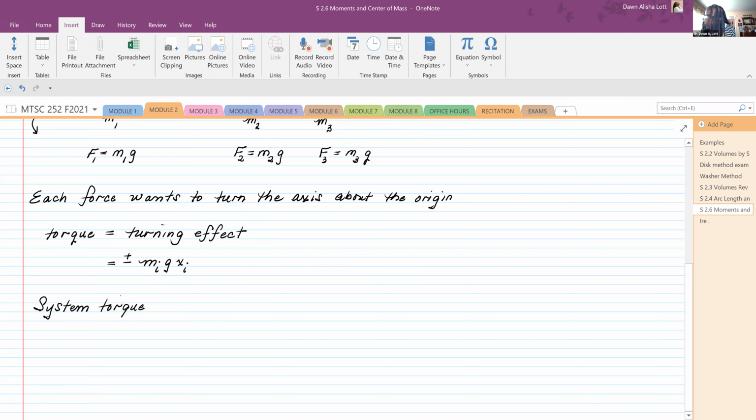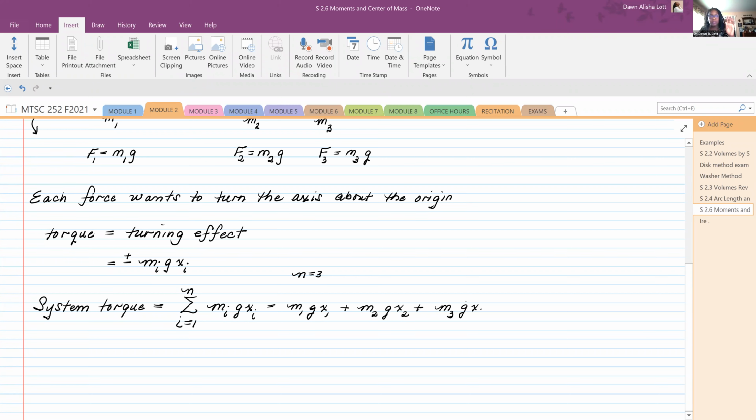All right, so if I sum them all up, that is the sum from i equals 1 to n, in this case 3, but n depending upon if you have n kids sitting on this thing, of mi times g times xi. And for our problem, okay, n is 3. So this is simply m1 g times x1 plus m2 g times x2 plus m3 g times x3.